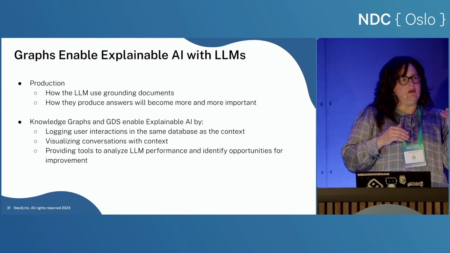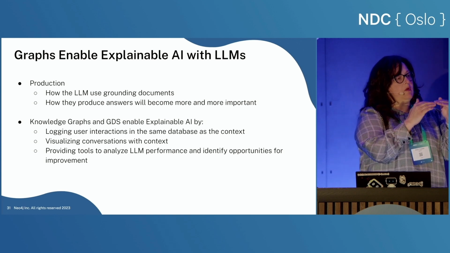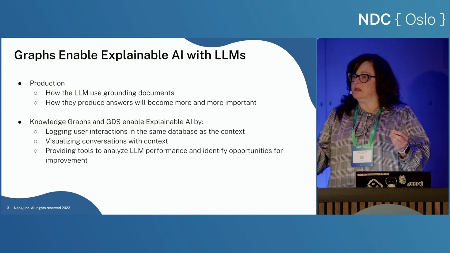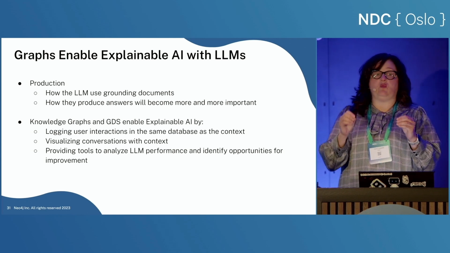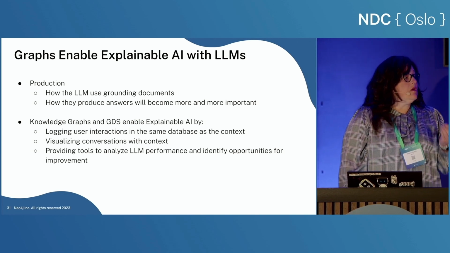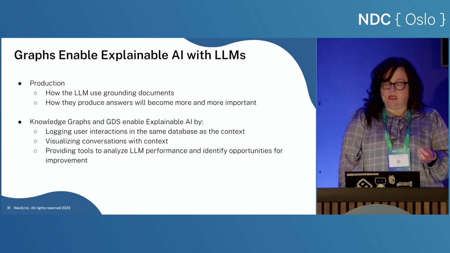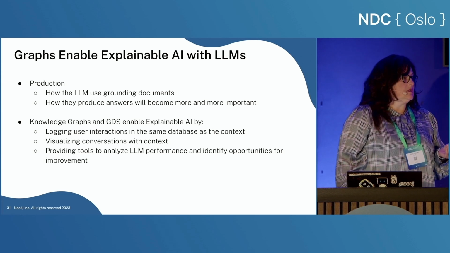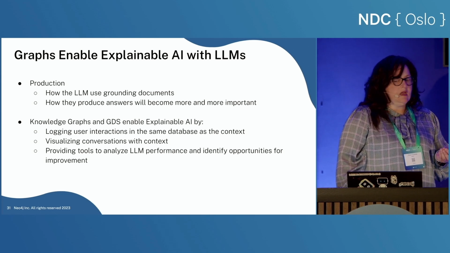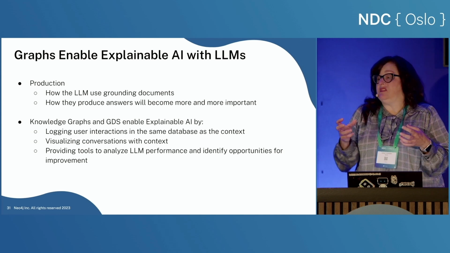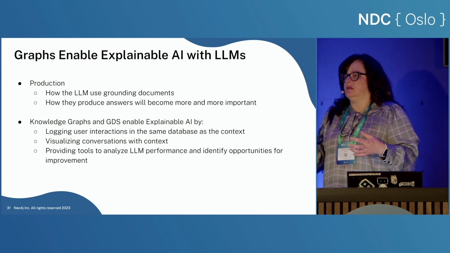We went into the graph database when that question was asked. We pulled in these context documents, and therefore this is what was referenced to produce a particular answer. And also with graphs, we can actually visualize the conversations with that context. So we can start to understand how each of these vectors are being used.